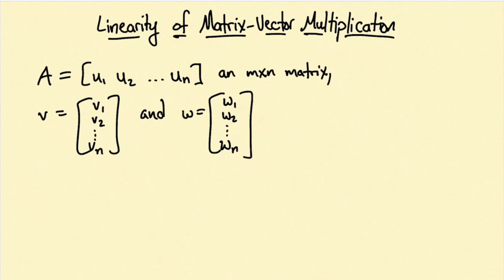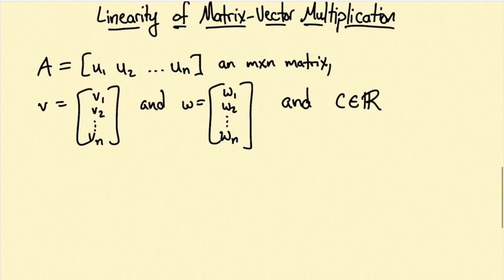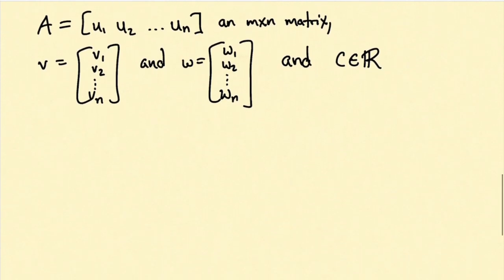And finally, a scalar, c, which is just a real number. The first property is A multiplied by the 0 vector, which is the vector having all n entries 0, gives us the 0 vector, which is the m-dimensional 0 vector.